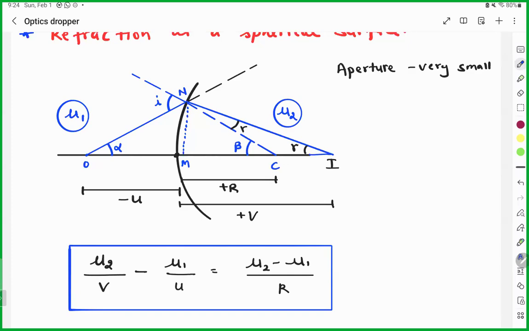See, this was positive v, that's why the first value is positive. In the second, u is negative, that's why u overall has a negative value. And third, if you take the difference, R is also positive. Any doubt?